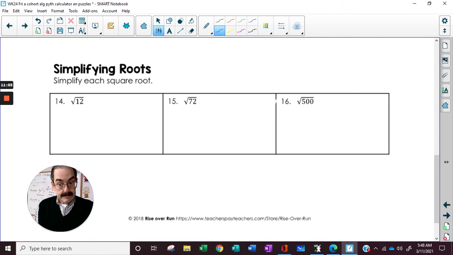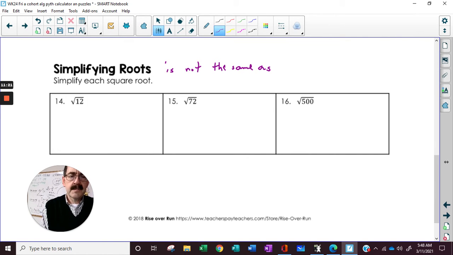Now comes the hard part. Simplifying a square root. Okay, now we're all at different levels on this square root. Now, simplify is not the same as just solving it.